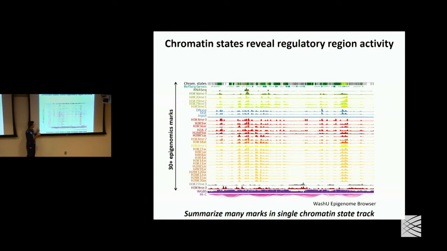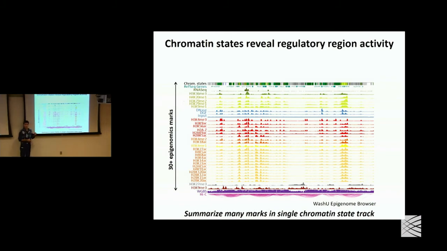You end up with a density plot that tells you how often each one of these modifications landed in this particular region of the genome based on the sequencing reads that match that region of the genome. So you end up with a profile that tells you that this particular region had this modification and that modification and so on and so forth. And we end up with dozens of these modifications for each cell type.